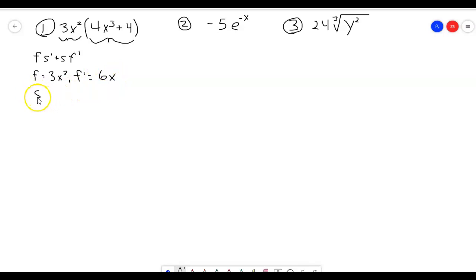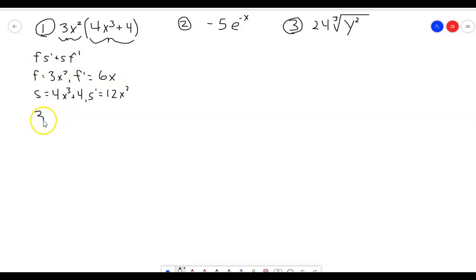For my second function, I have 4x cubed plus 4, and the derivative of my second function, just apply the power rule, 3 goes out front, so 3 times 4 is 12, reduce the exponent by 1, 12x squared, and remember constants go away.